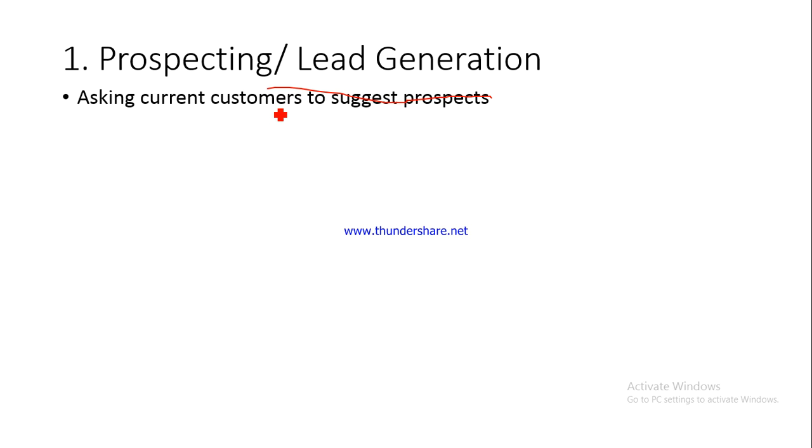Based on the names provided by you, which are basically leads provided by you, Reader's Digest would contact these people and try to find out whether they're interested in subscribing to Reader's Digest. So this is one way of prospecting or lead generation, right?